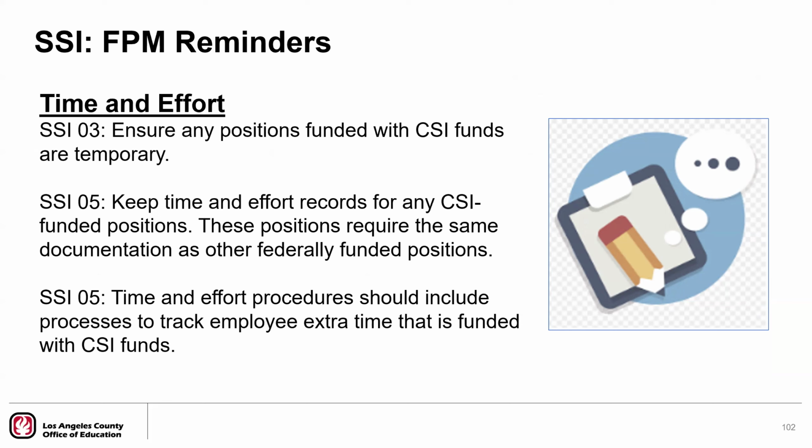For SSI 5, make sure you keep your time and effort records for any CSI funded positions. These positions require the same documentation as other federally funded positions. Your time and effort procedures should include all the processes of tracking employee time, including extra time that is funded with CSI funds.